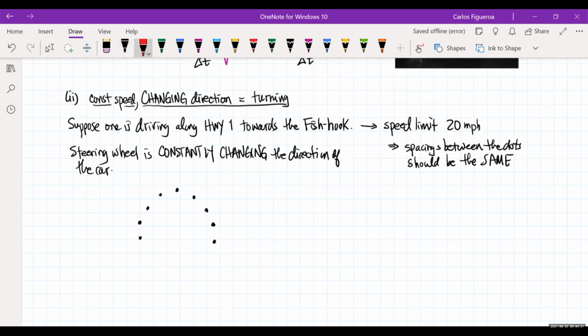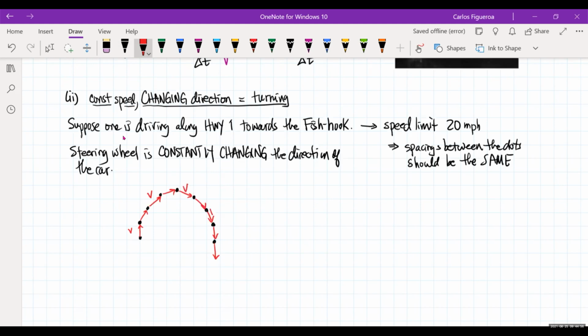That means as I go from this point to that point, that speed is the same. But then I have to turn to stay on the road, and I have to keep turning to stay on the road. So I'm constantly changing the direction of these arrows.